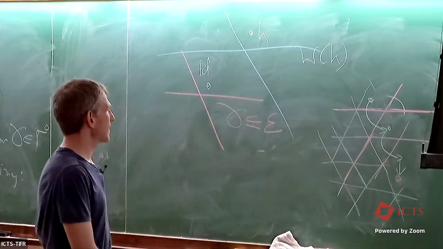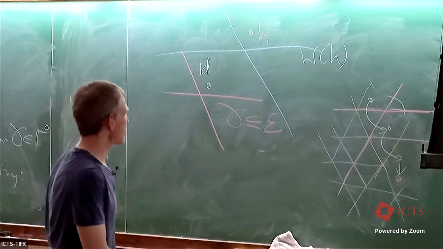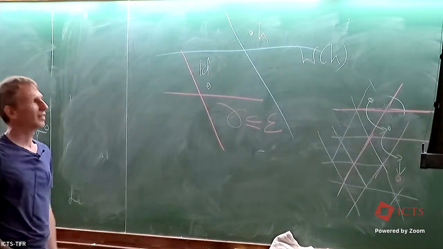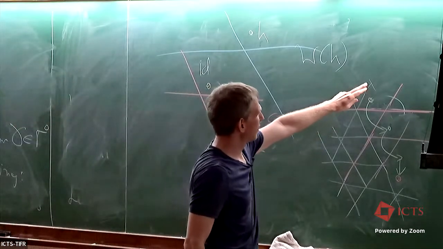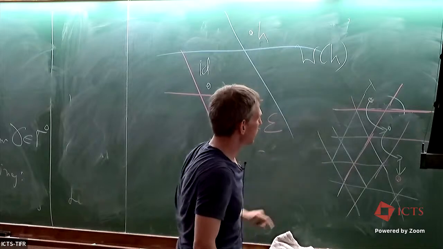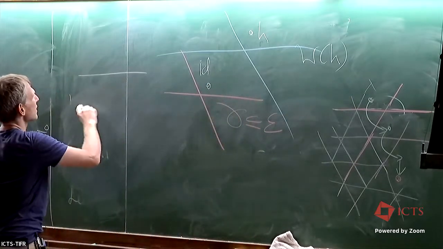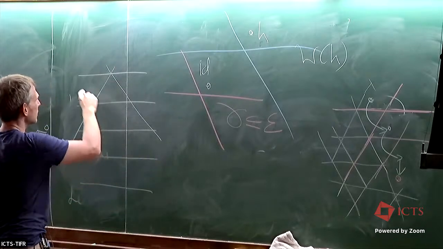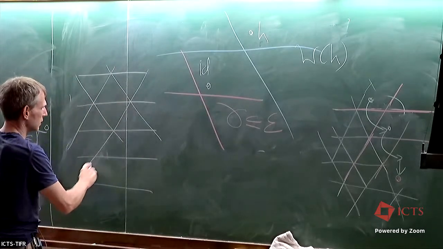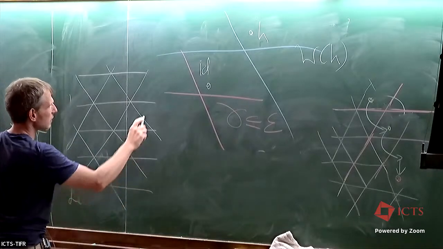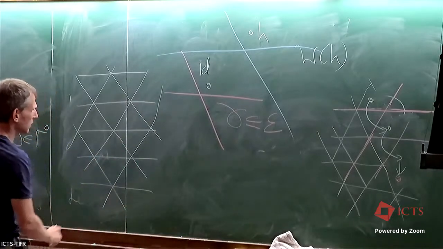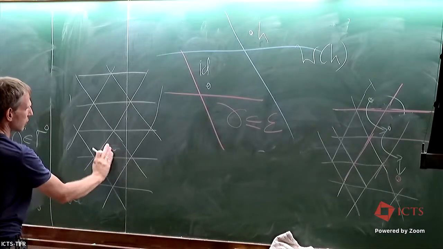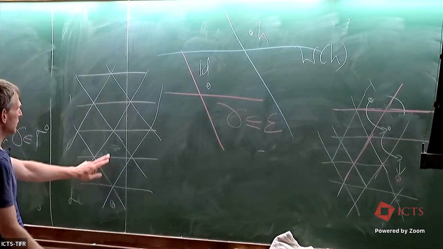But in order to conceive some better example, maybe we should go, okay, let me draw this grid again. Probably something interesting will show up if I will go from this vertex to this one.